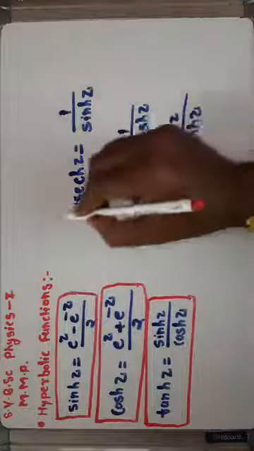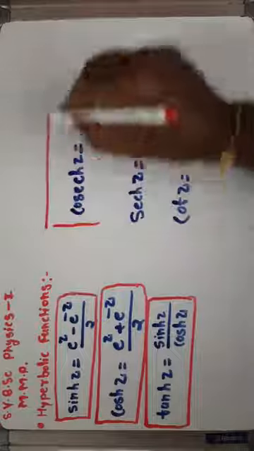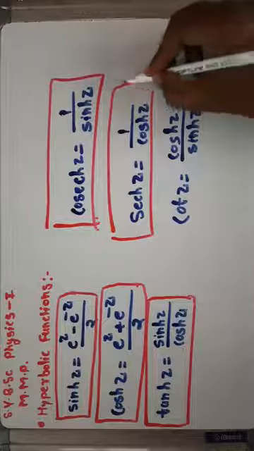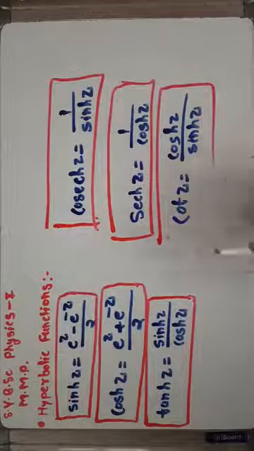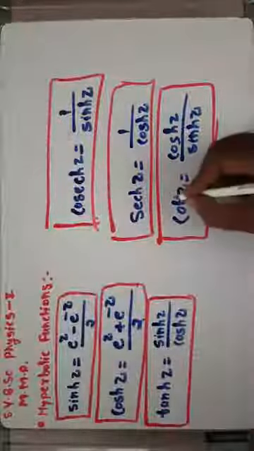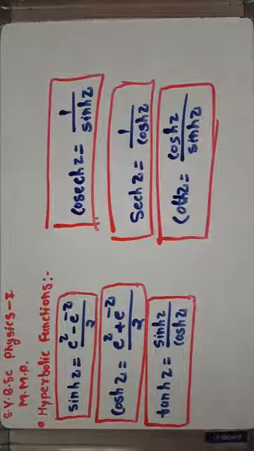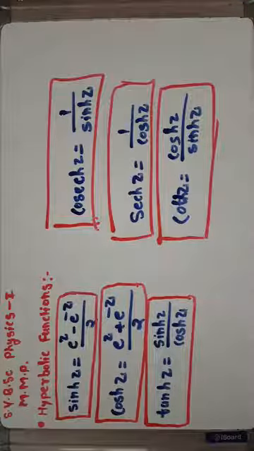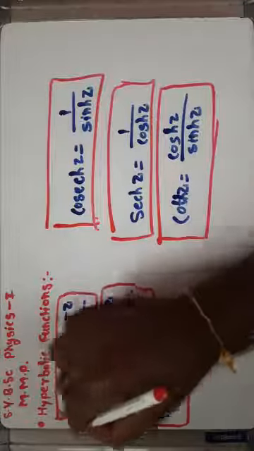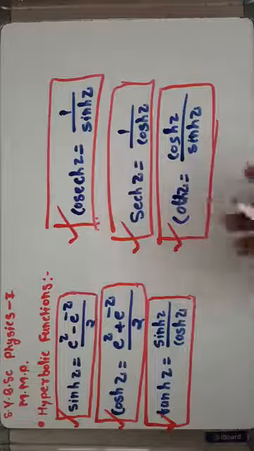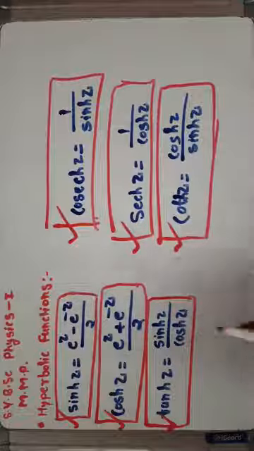Then cosech is the inverse of sinh, sech the inverse of cosh, and coth the inverse of tanh. In hyperbolic functions you must remember all these formulas, very useful for complex numbers.